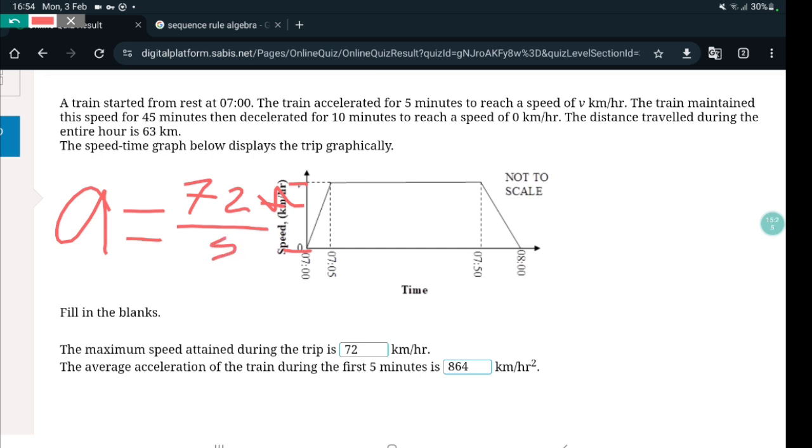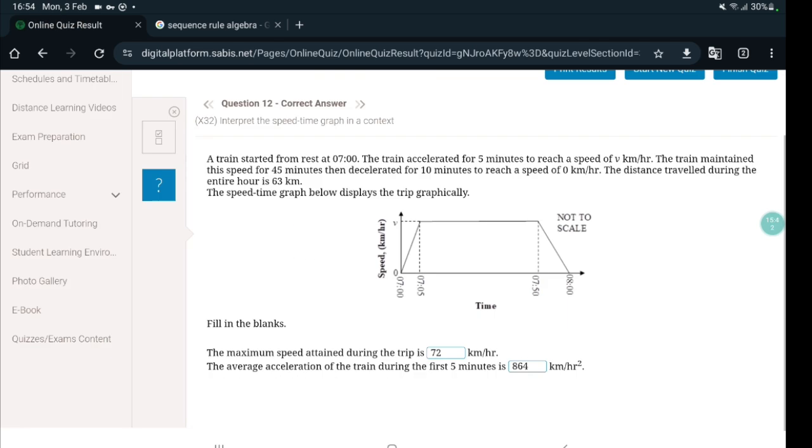So it's 5 out of 60. Remember this 60 over 60, because they're always asking for hours. When you solve it, it's 864, which is the answer. Okay, next question.